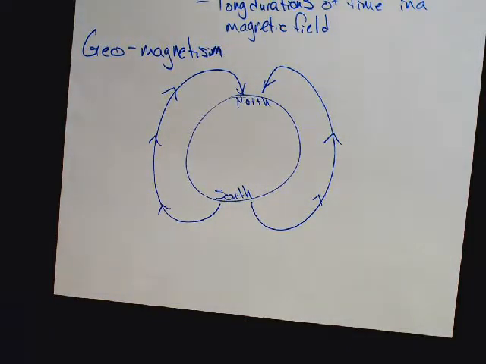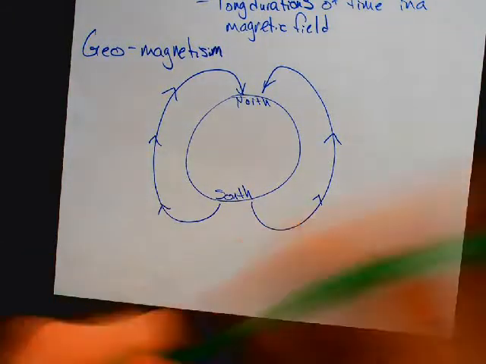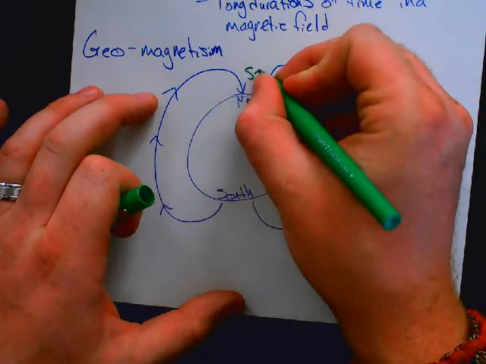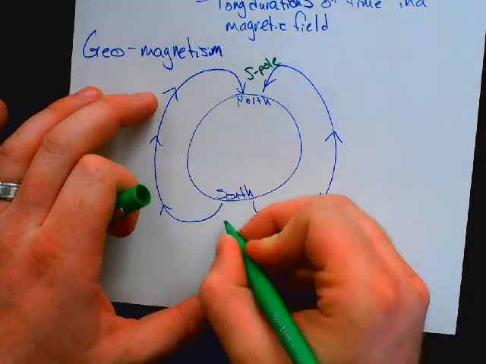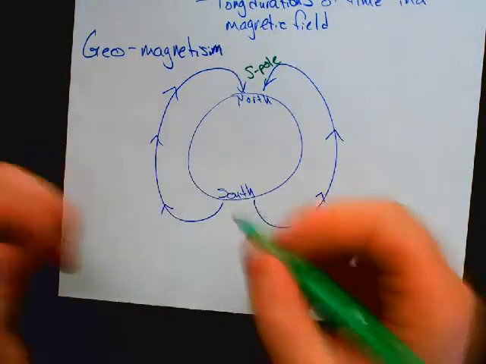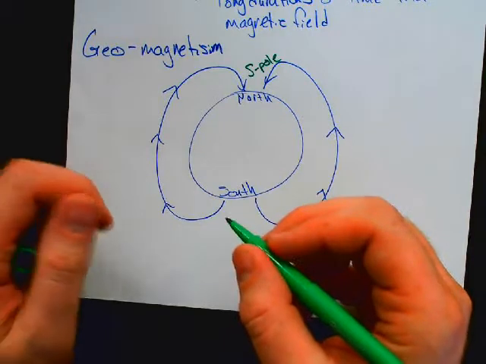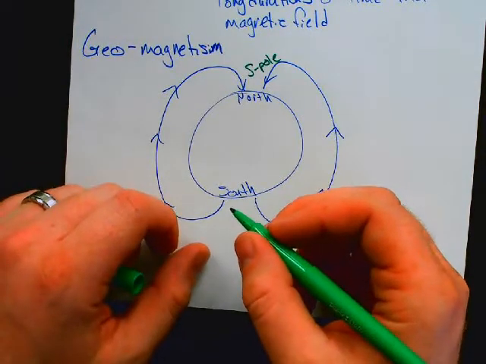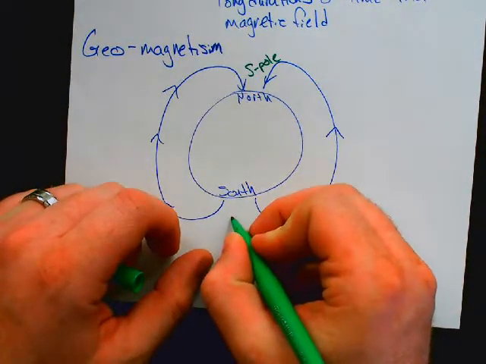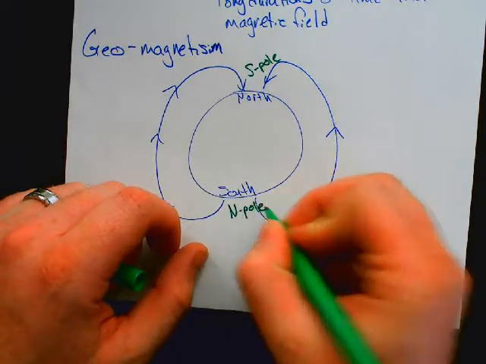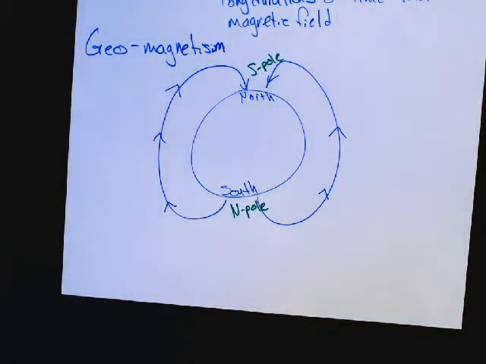If I say S pole, I'm now talking about magnetism, because that's an S magnetic pole, but a north geographic pole. Okay, so magnetic poles on Earth are opposite from the geographic poles.